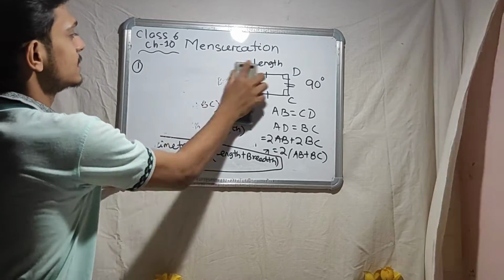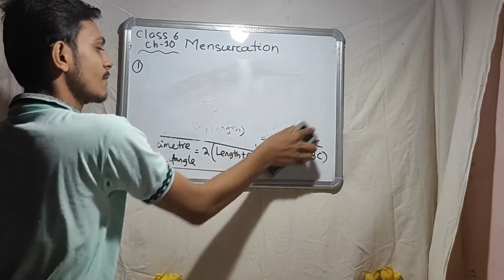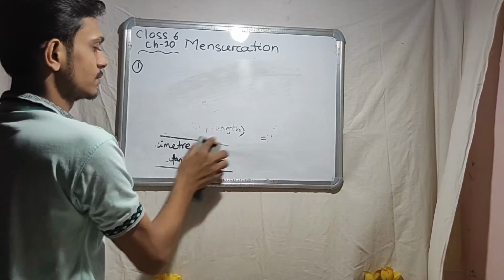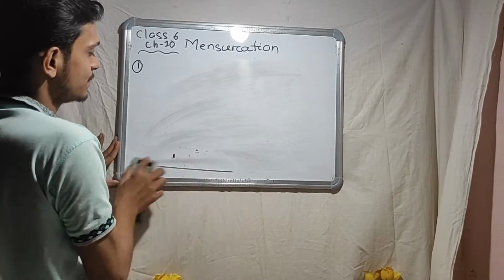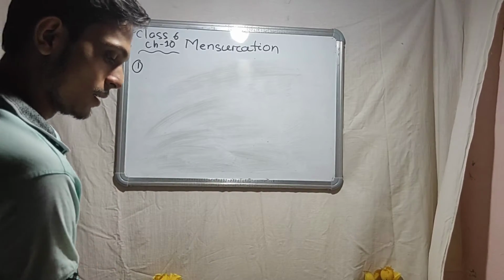Then the second one is the perimeter of a square.